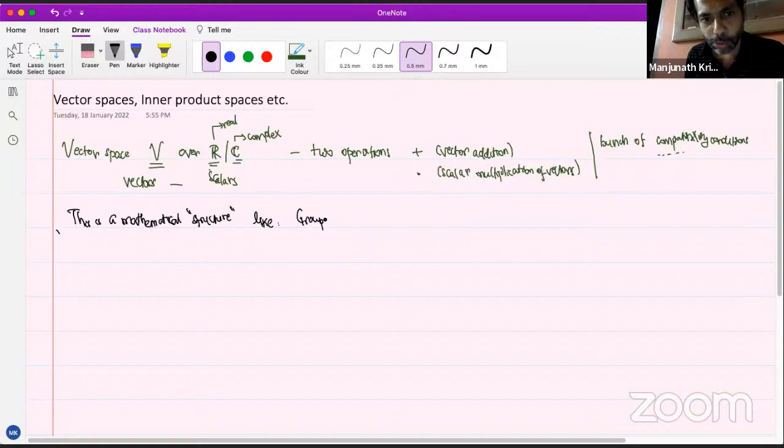For example, groups: the definition of a group gives you a mathematical structure. Groups, rings, fields, metric spaces, topological spaces.